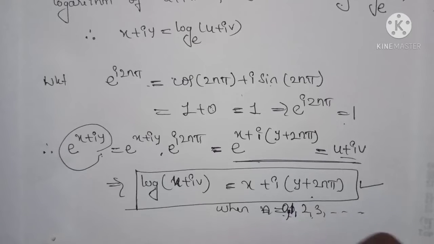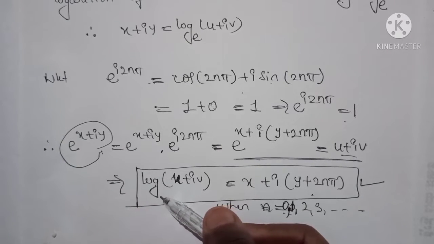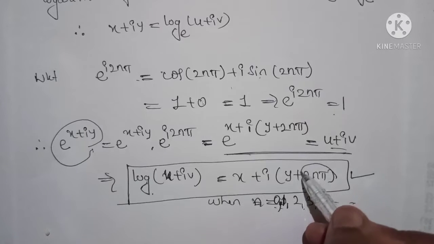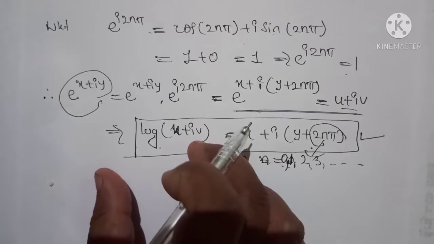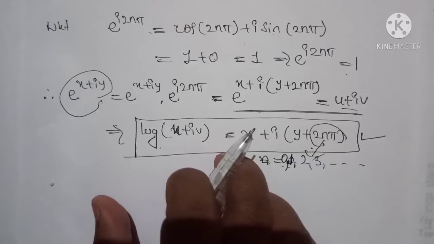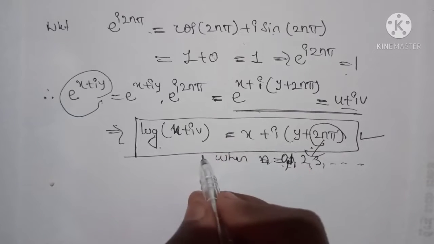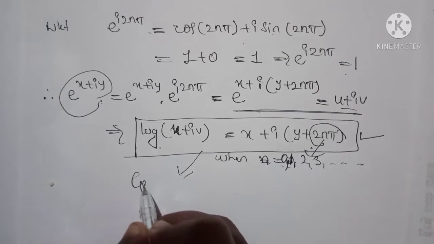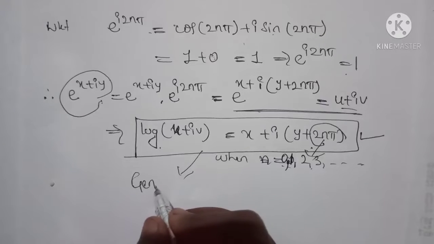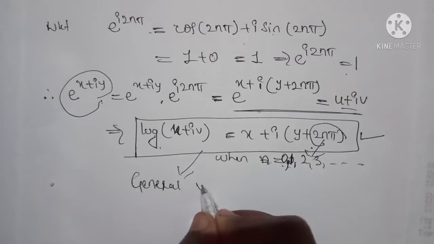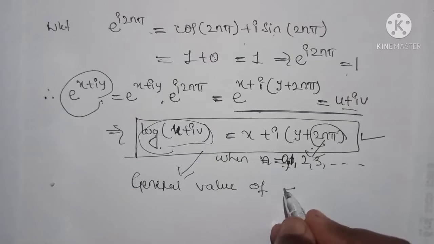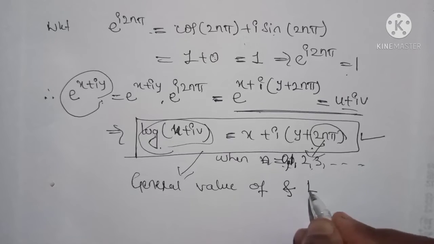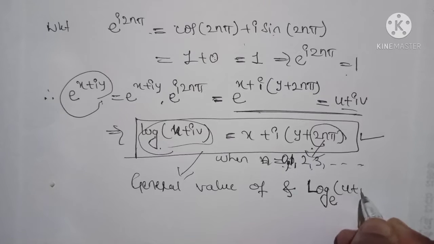So that means we can say that this logarithm of a complex quantity may have many values because here n may take any value. This value is called the general value of log of u plus iv and is denoted by capital L, that is capital Log to the base e of u plus iv.